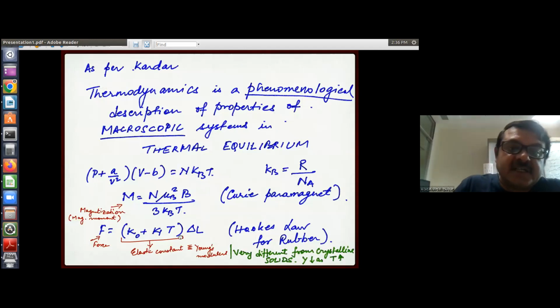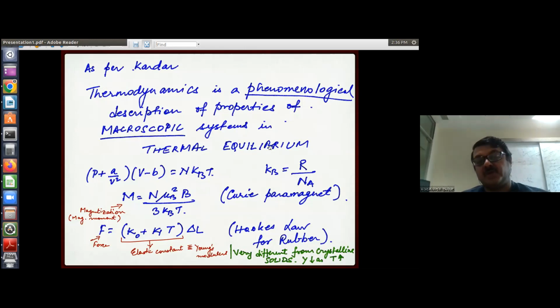So as per Kardar, the book by Mehran Kardar, thermodynamics is phenomenological, right? You observe and then you write down an equation. The phenomenological description of the properties of a macroscopic system in thermal equilibrium.